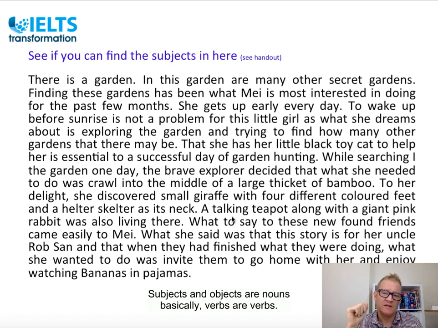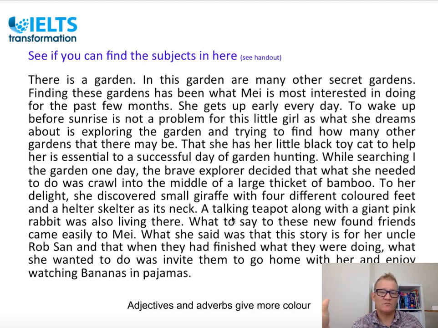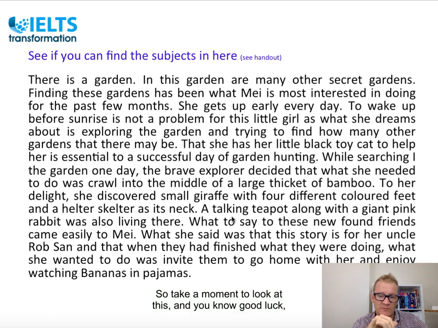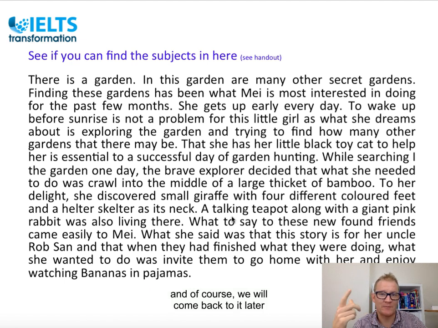Verbs are verbs. Adjectives and adverbs give more colour and more life to our sentences. So take a moment to look at this and good luck. And of course we will come back to it later and show you in the handout. Okay? It's a nice little story as well.